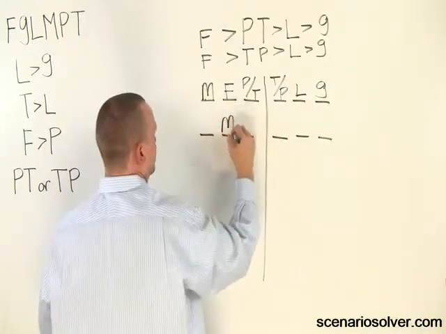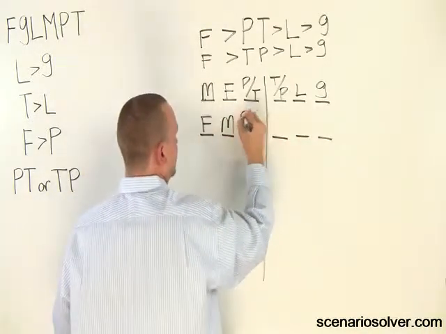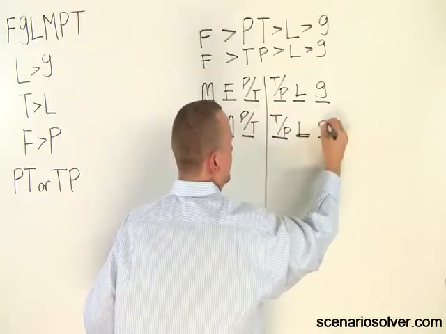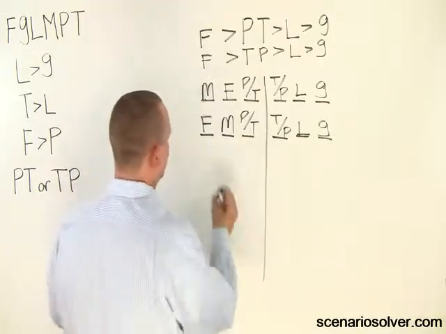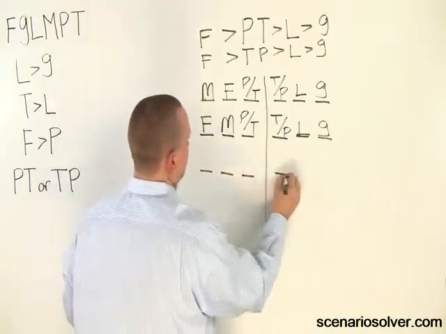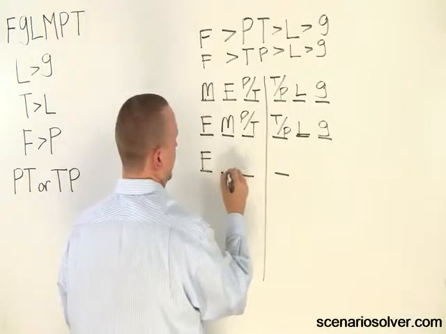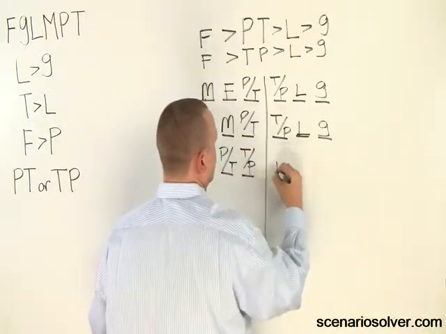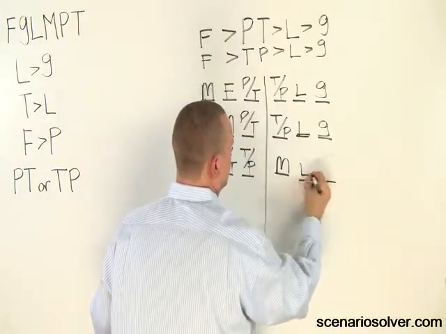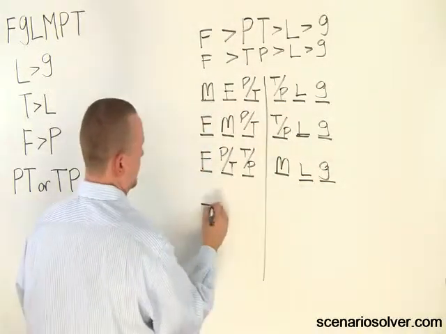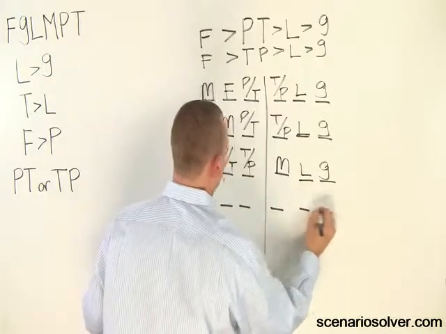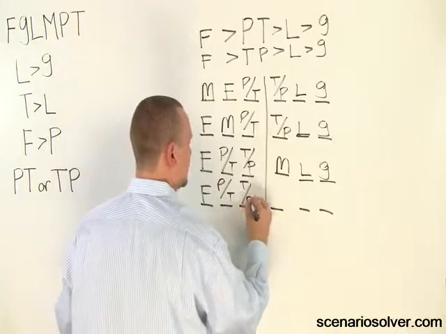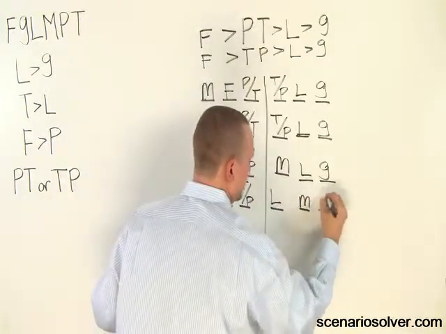I could put M here with an F here: P, T, T, P, L, G. And now because P and T are next to one another, I'd have F, P, T, T, P, and then this is M, L, G. And then I just keep going here: F, P, T, T, P, L, M, G.